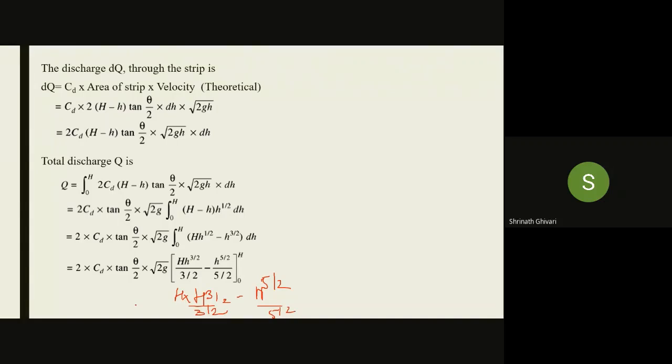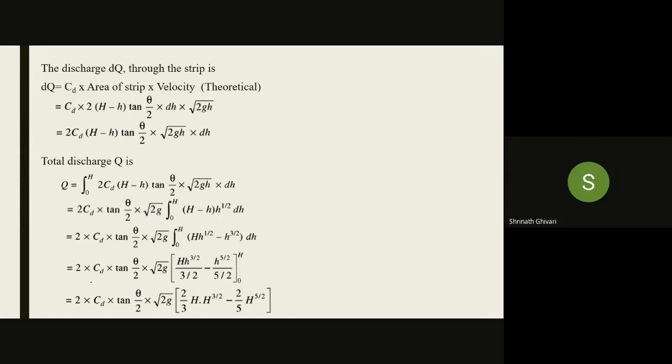So the expression will be like this. I have substituted the value of h here in small h raised to 3 by 2, and here h raised to 5 by 2, because I am putting the limits inside. So it will be 2 by 3, 2 by 3, and this will be 2 by 5. Now is this correct?